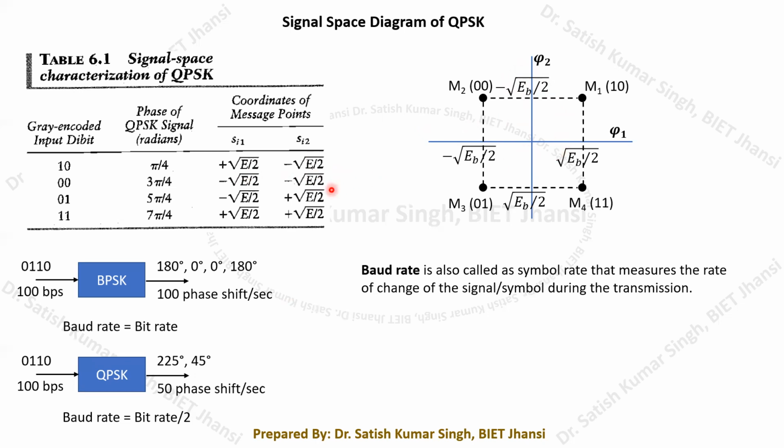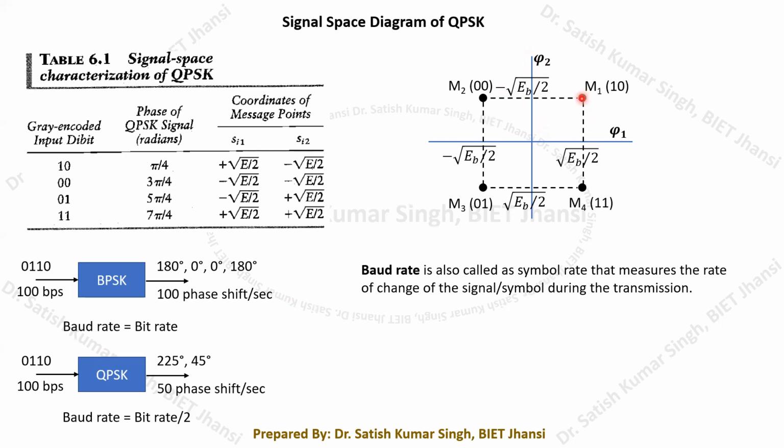So basically if we want to show these plus and minus magnitudes, on the phi 1(t) axis this particular point represents the magnitude equal to plus root Eb by 2. And here on the phi 2 axis, this is representing the magnitude equal to minus root Eb by 2. So this is the actual point that represents our message point 1.